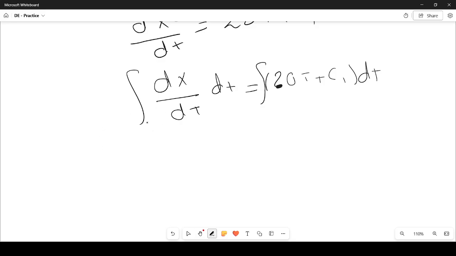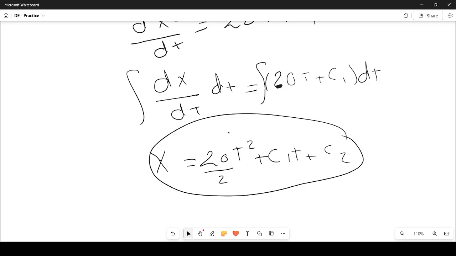By integrating, on the left-hand side we took x out of the derivative, and it comes out to be x, which equals 20t squared over 2, we know how we integrate, I assume that, plus c1 t plus c2.